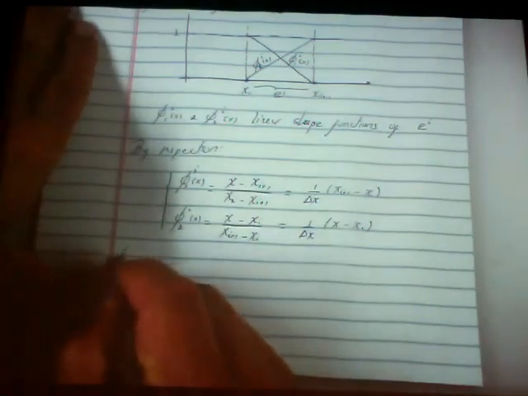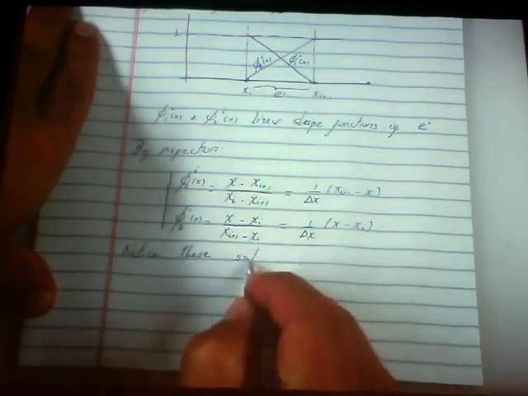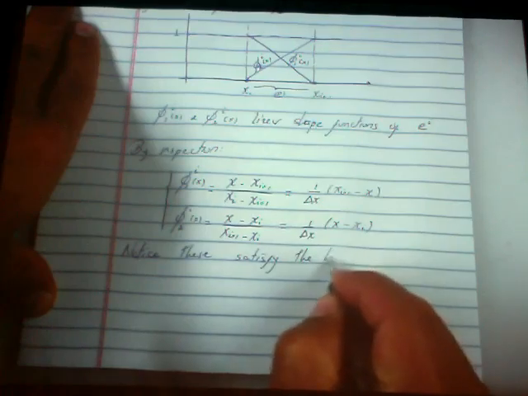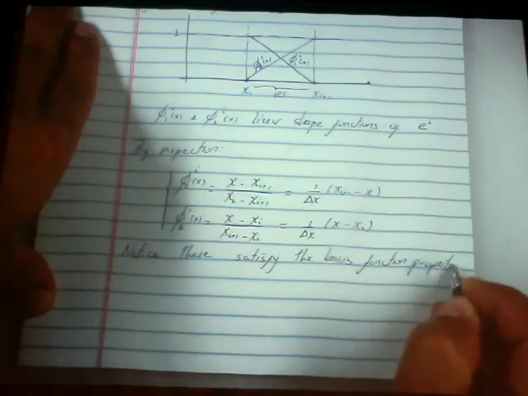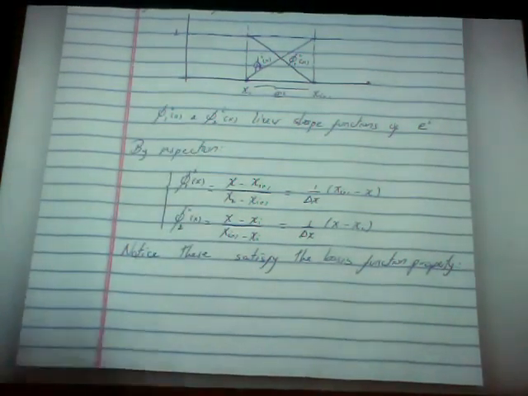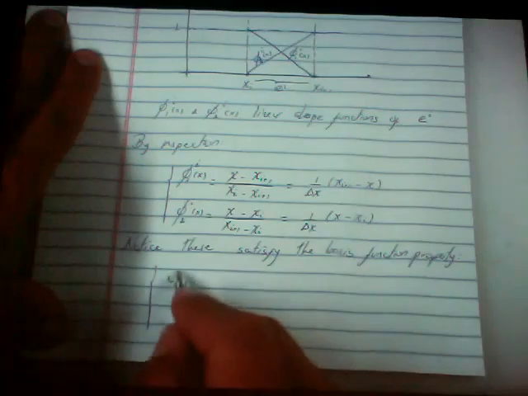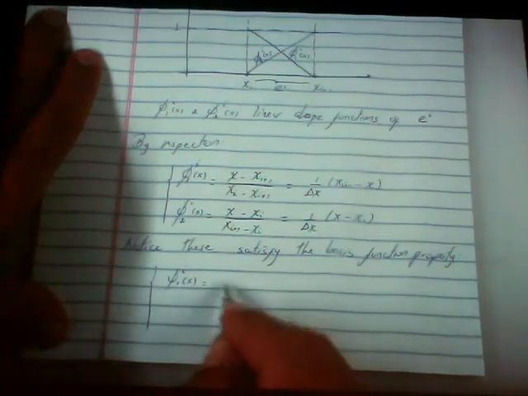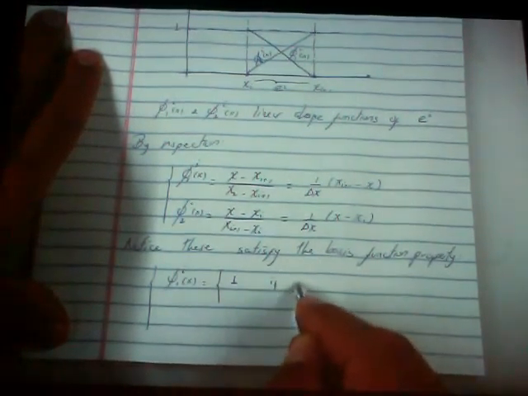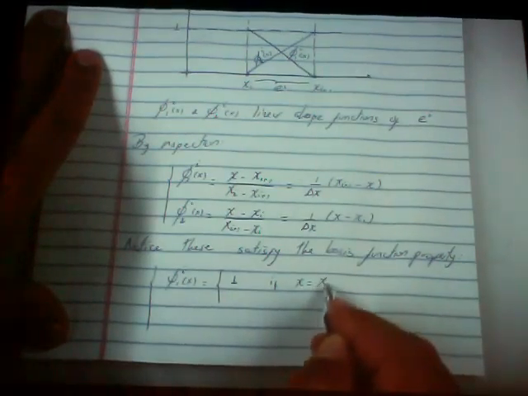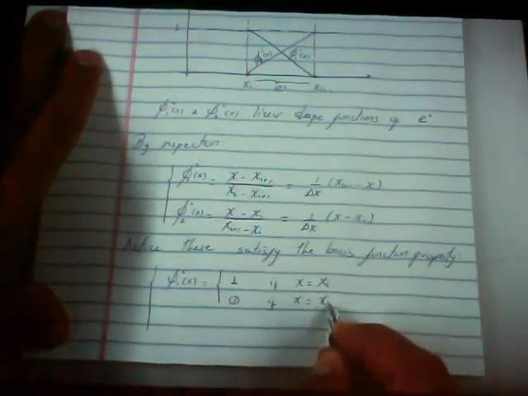So notice these satisfy the basis function property. That is, phi1 of I of x is equal to 1 if x is equal to xi, and 0 if x is equal to xi plus 1.